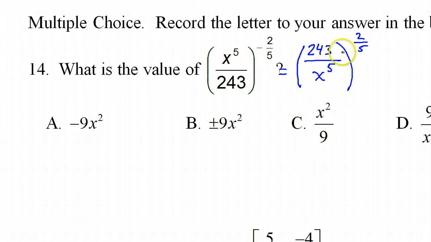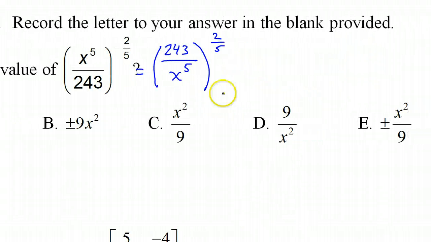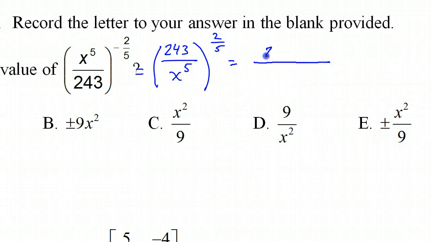Now, when you have a power on a fraction, really what you're doing is you're doing this power to each thing separately. So in other words, I'm doing 243 to the 2/5 power, and I'm doing x to the 5th to the 2/5 power. Now down here, when you have a power to a power, you multiply.